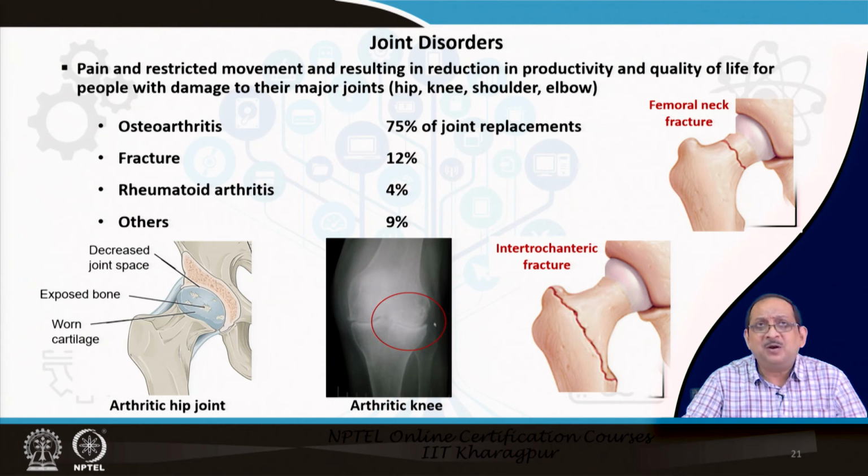Now, in case of arthritis, you can see here an arthritic hip joint and an arthritic knee joint. The cartilage covering, say, the femur bone is worn away, giving rise to a structure which is irregular and rough.